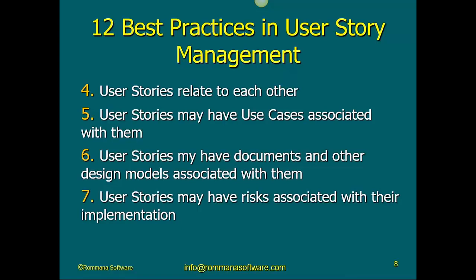We all know that no system performs a function on its own. All systems collaborate with other systems to perform functions. And as a result, we need to express and define this collaboration.